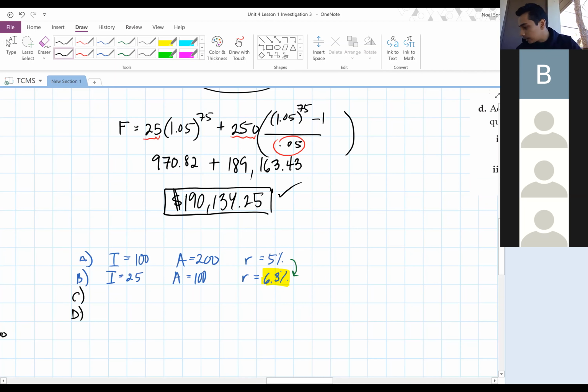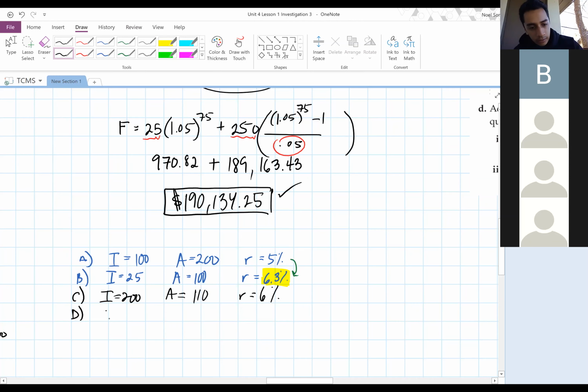They gave us option C and option D. If you started with an initial of 200, and then on a recurring basis, you just increased it by $10, right? And if you would have kept the rate at 6% this time, you would have reached the goal.